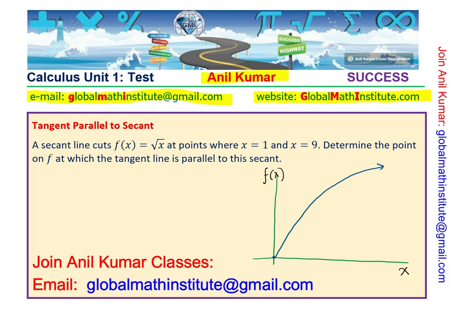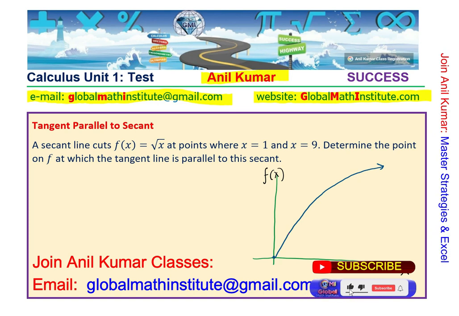We are given 2 points on this curve, which are x equals 1 and x equals 9. And we know that when a line goes through them, it forms a secant line, right? By definition, a secant is a straight line between any 2 points on the curve. Let's call these points A and B.